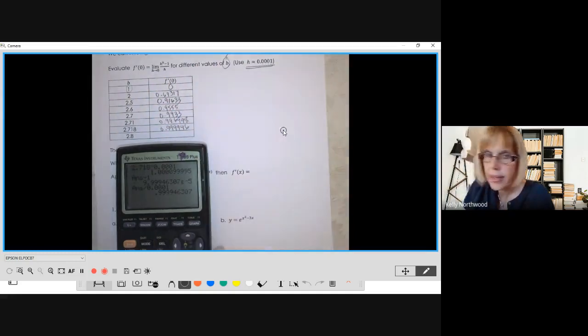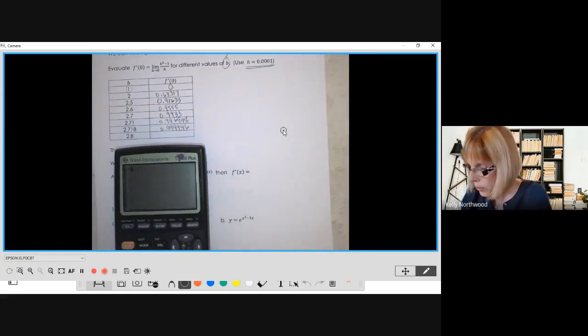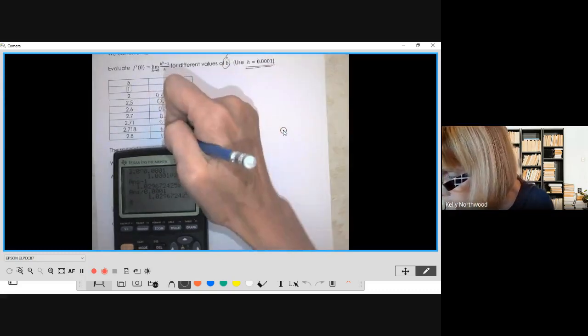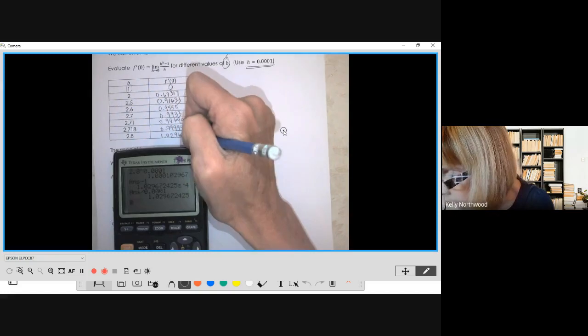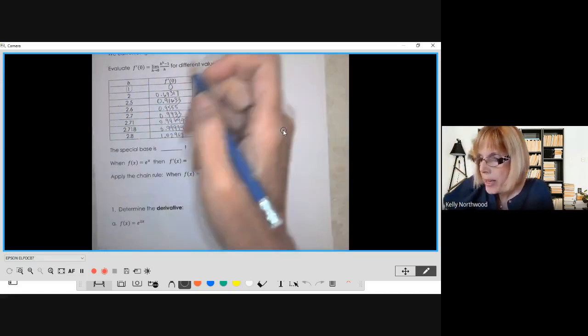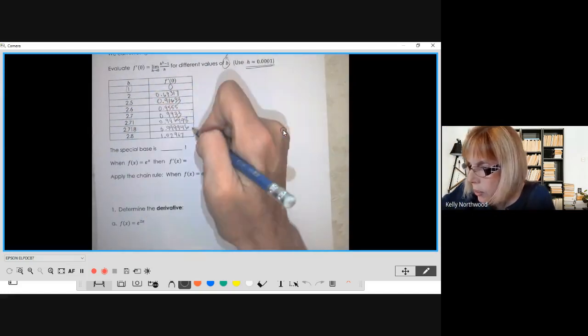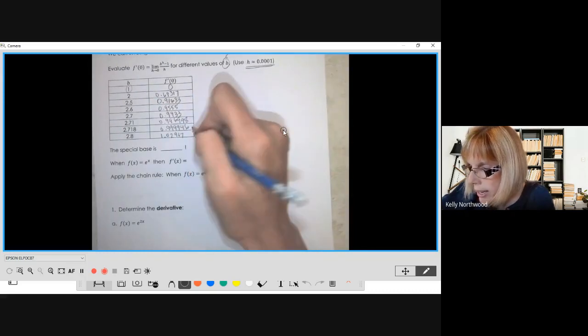Very close to 1. And then we're going to try 2.8. We get 1.02967. So that very special base has to be between 2.718 and 2.8.